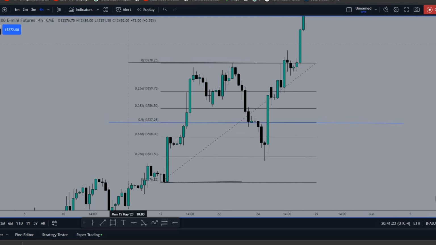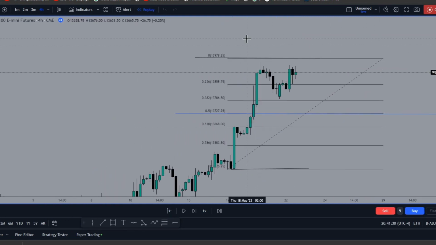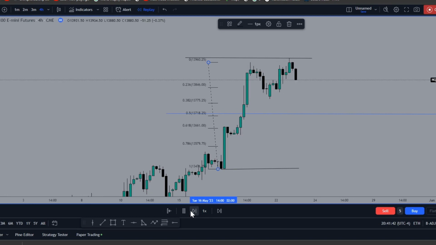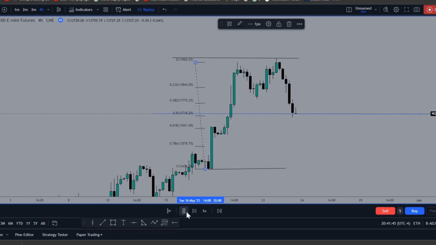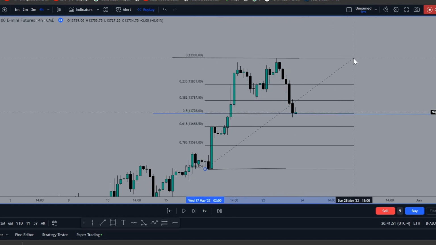So I'm going to remove this range so you could really see what I'm saying. This range happened. When this range happened, you don't have any information. So the market started going down. You would not be buying until the market drops under 50%.